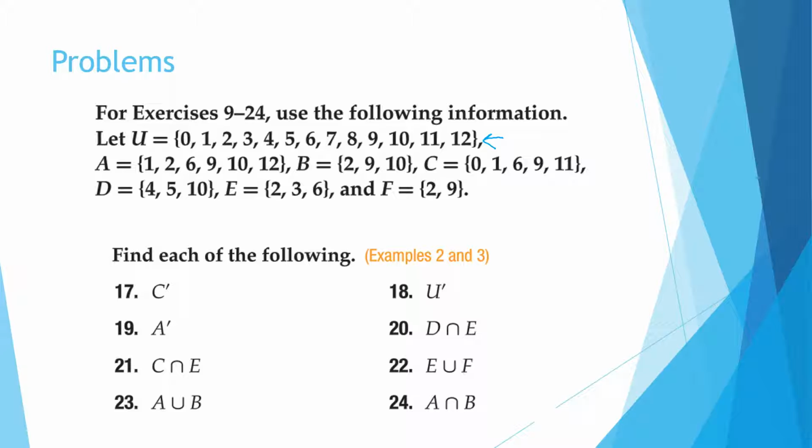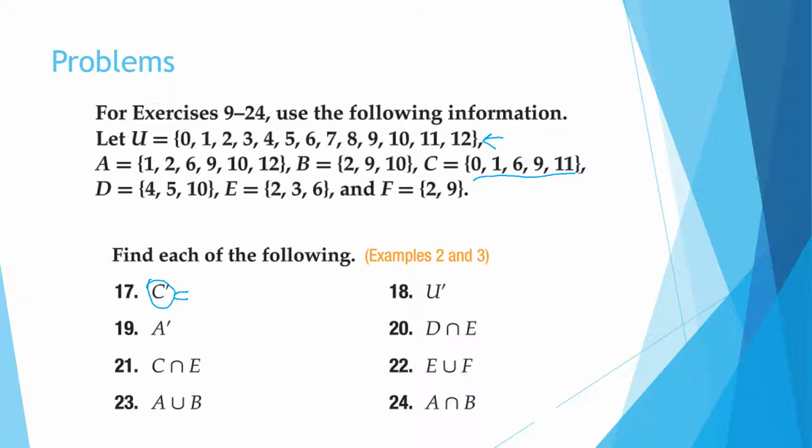So when I'm asked to find the complement of C, I need to take the universal set and anything that's in the universal set but not in C, so not these numbers, that will be my complement. I know I'm going into detail, but this is good for you.